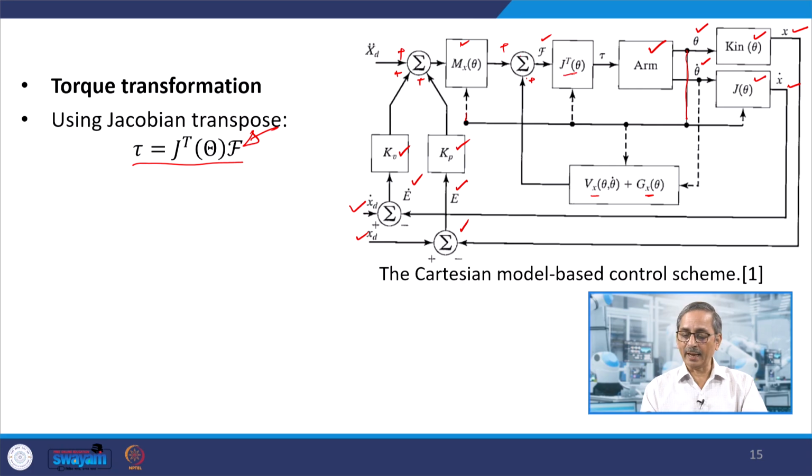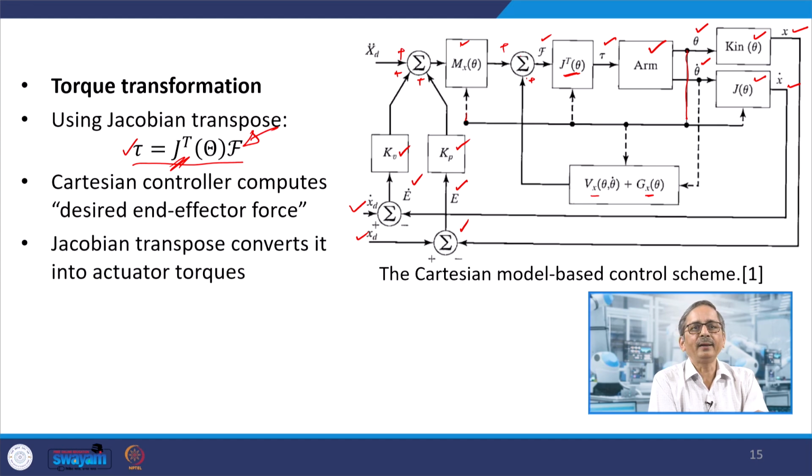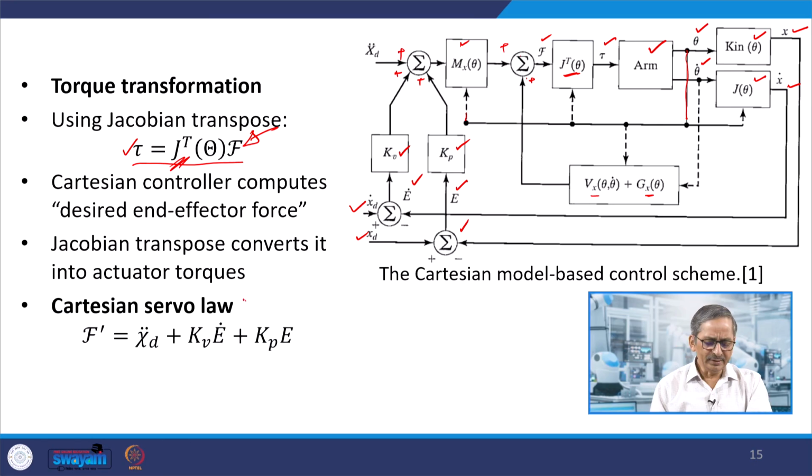Now, we multiply with the Jacobian transpose in order to get this torque. So, this is how this Cartesian model based control scheme is implemented. The Cartesian controller computes the desired end effector force, and the Jacobian transpose converts it into the actuator torque. And this is our Cartesian servo law.